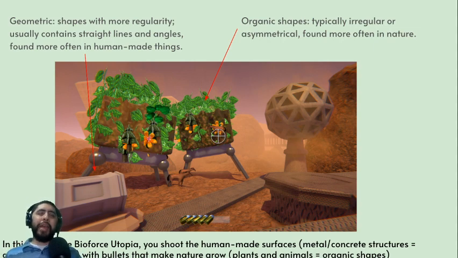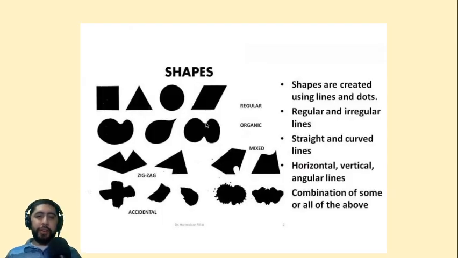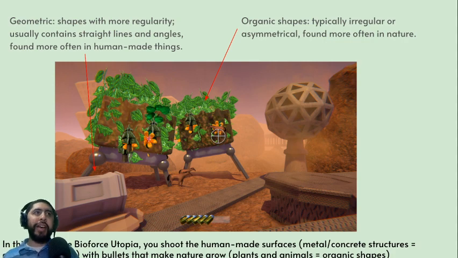But organic shapes, where there's no regular sides to it, and they're not perfectly symmetrical, that often is a hallmark of nature, and humans, we try to imitate that in our designs by introducing curves and stuff.